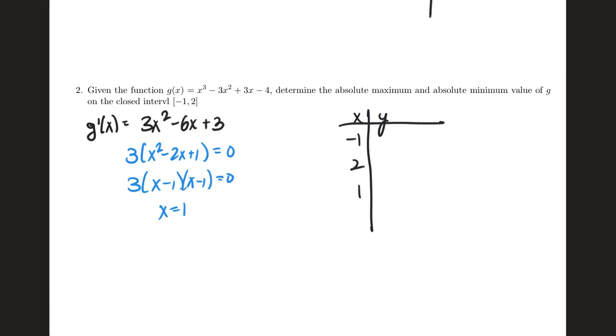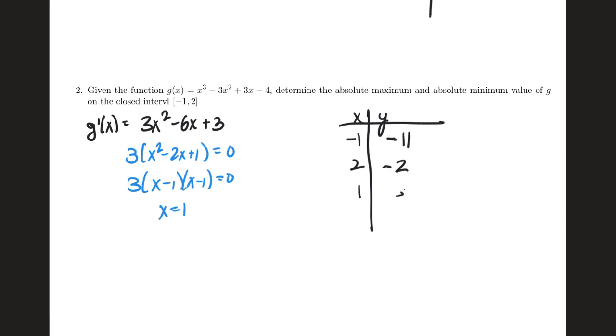So I put these all into the calculator. And I plug in -1, I get -11. When I plug in 2, I get -2. And I plug in 1, I get -3.